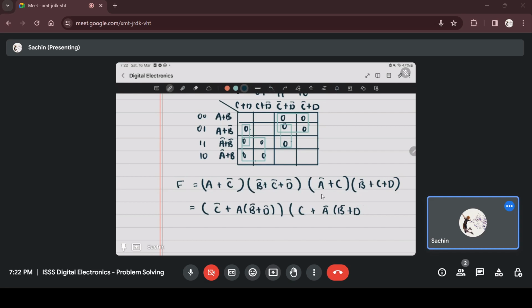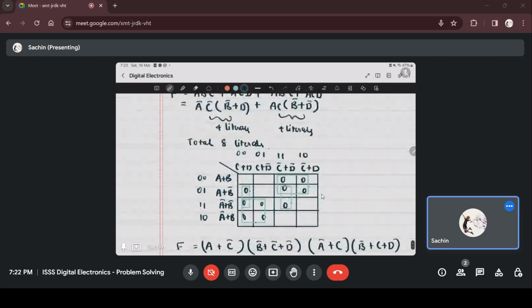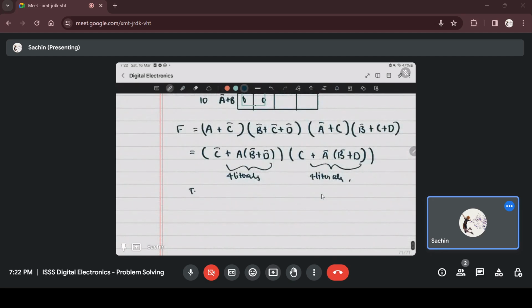B bar plus d. So this has 4 literals. This has 4 literals. Total 8 literals.